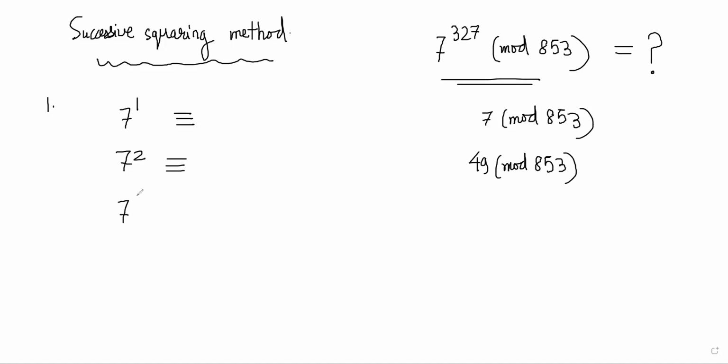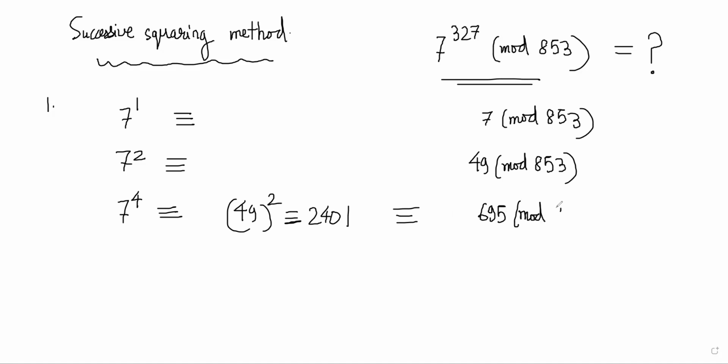Now square this. So 7^4 is congruent to 49 squared, which is 2401, which is congruent to 695 mod 853.